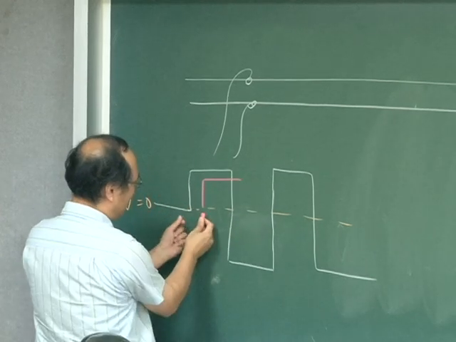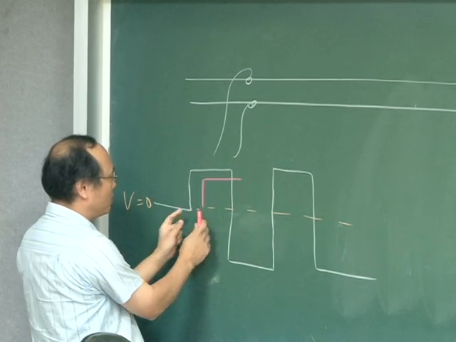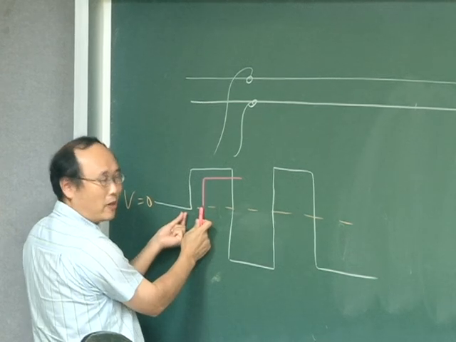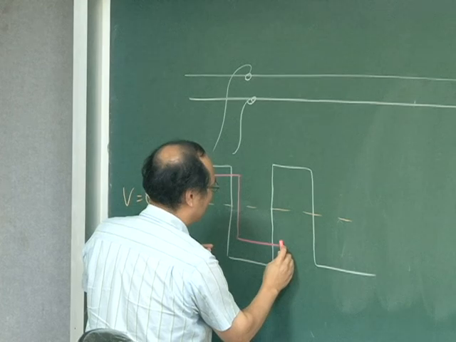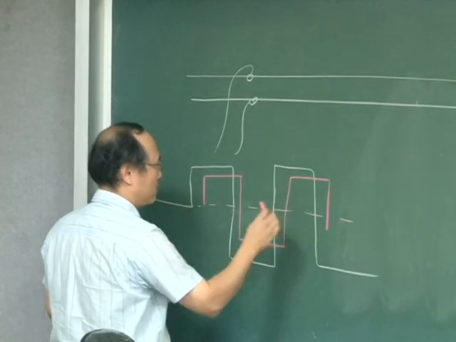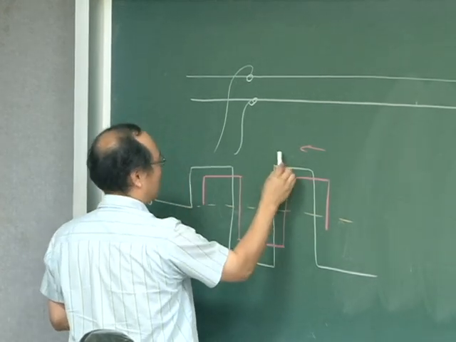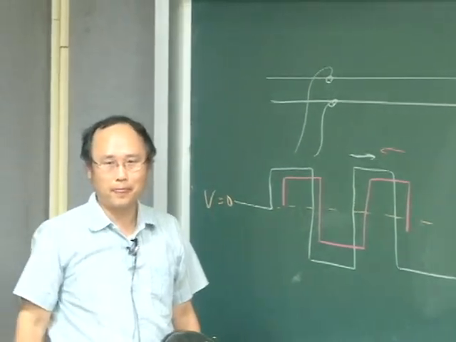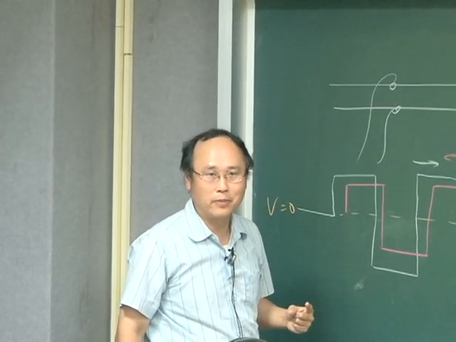There's a time delay. Therefore, the reflected signal is shifted along this direction for some time, and then overlaps with the original signal. So this is in this direction, and this curve is in the forward direction. Okay, and then these two signals overlap each other.